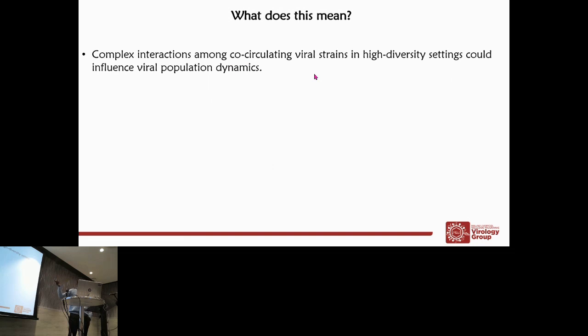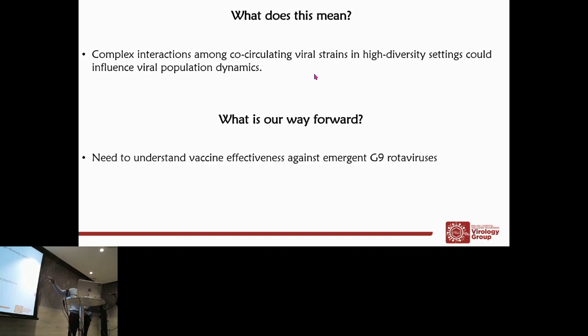We've previously shown that the vaccine works better against genotype 1, while what we're seeing is the majority as genotype 2. It might be that this virus is reassorting through complex interactions between the viruses within the setting, and we're generating other novel viruses. So one of the things I'm now working on is trying to understand how the vaccine works against these G9s, and majority of that is doing neutralization assays and so on.